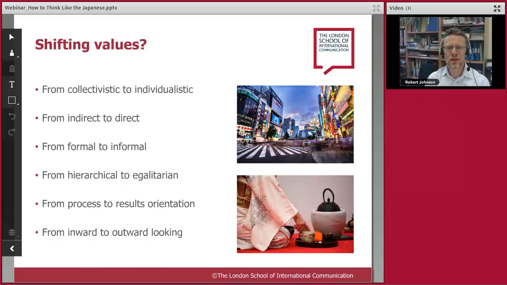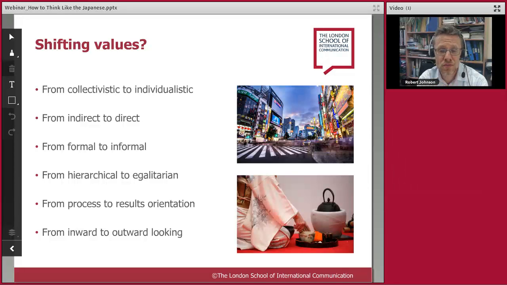Looking at Japan, I do want to stress that some of the aspects we've looked at today are rooted in traditional values. And the Japanese you meet today, especially the young Japanese, may not conform to a lot of the traditional values that we can see. So I think what I'd see in general in Japan is a bit of movement from the more collectivistic to the individualistic.